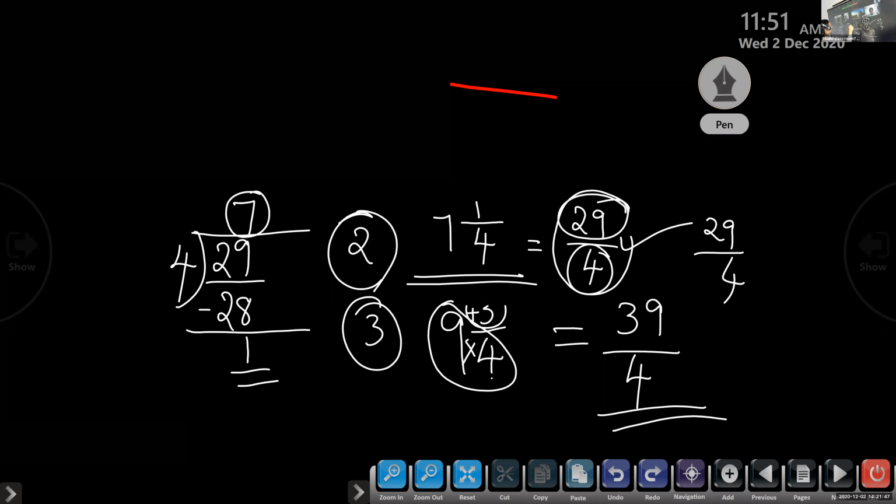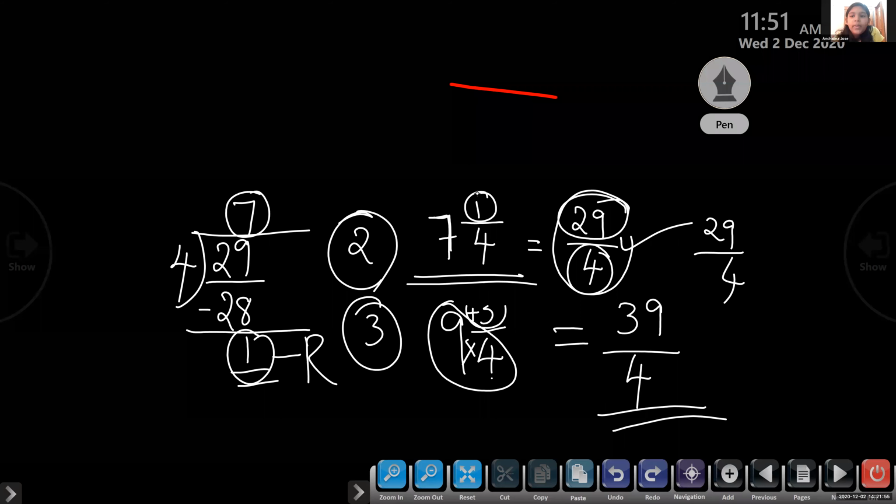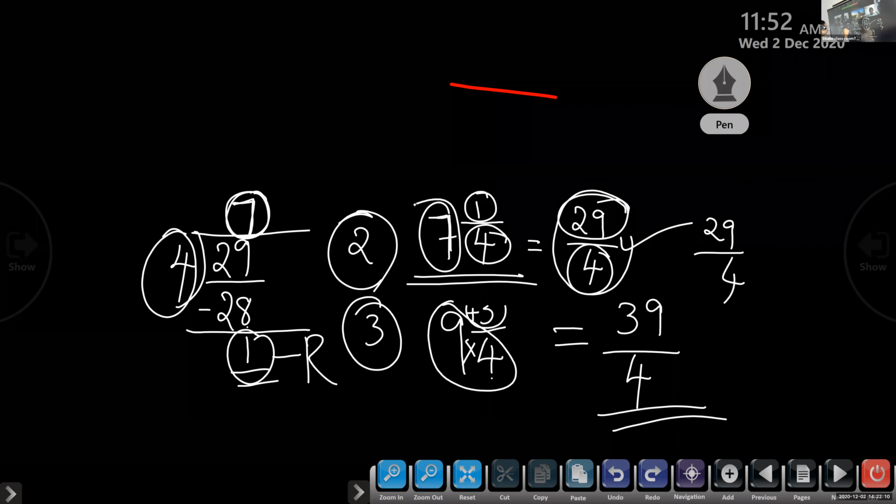That will be the whole number. And 1 is the remainder. The remainder will be the numerator. The divisor is the denominator. Understood? So all the children listen again. 7 fours are 28. So this quotient is the whole number. And the remainder will become the numerator. And the denominator is the divisor.